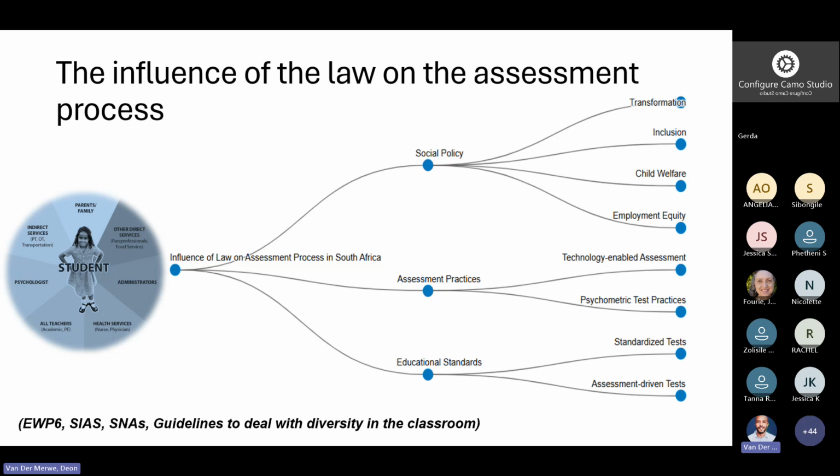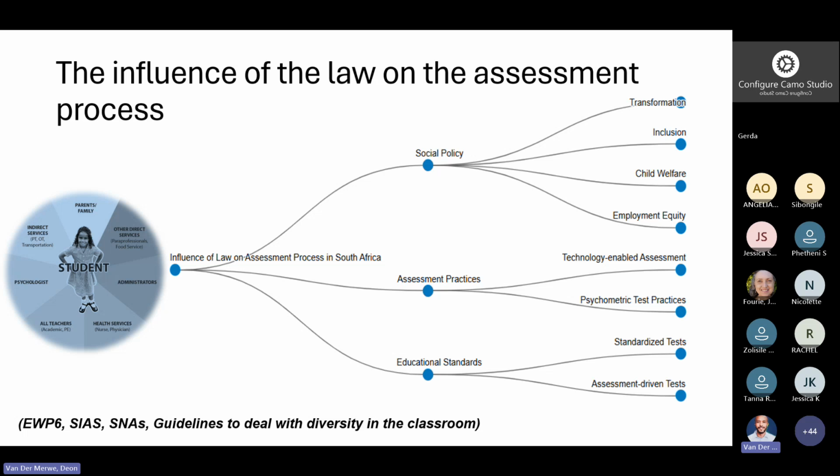And we know that in terms of social policy, the law is advocating for transformation and inclusion, as well as adequate child welfare, and giving children the opportunity to become, in terms of employment equity.